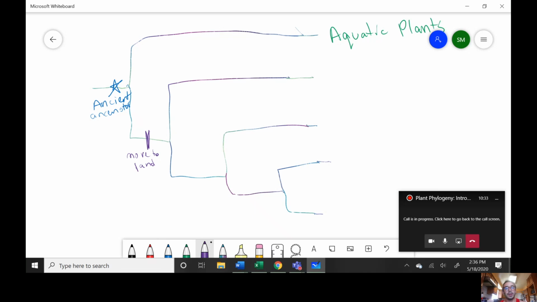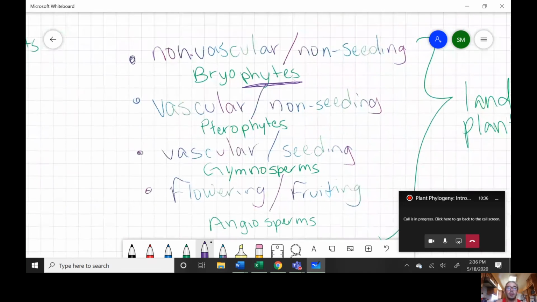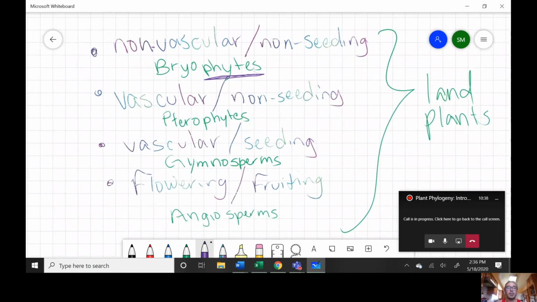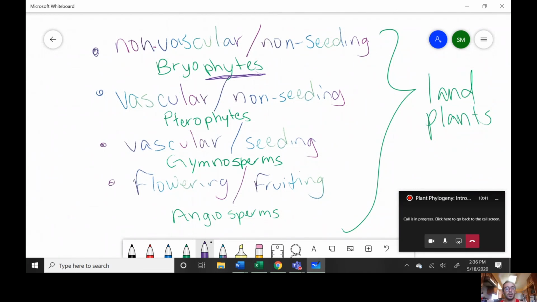So a lot of these plants lacked vascular tissue, like phloem and xylem, which allowed nutrients, water, and structure to land plants that we see today. That was non-existent. And seeds, well, they didn't really need seeds because they didn't really grow very far, and they used water to move around their gametes.